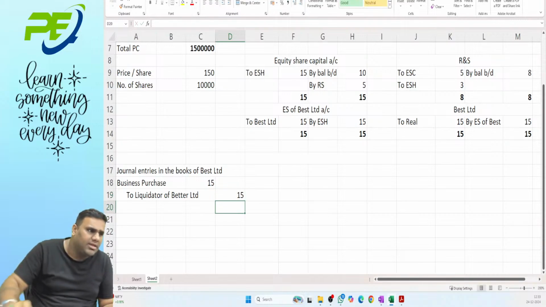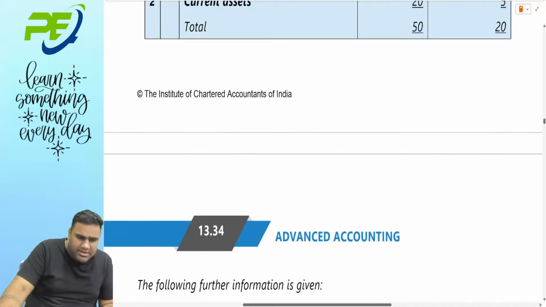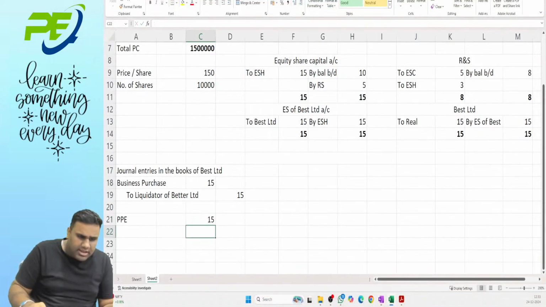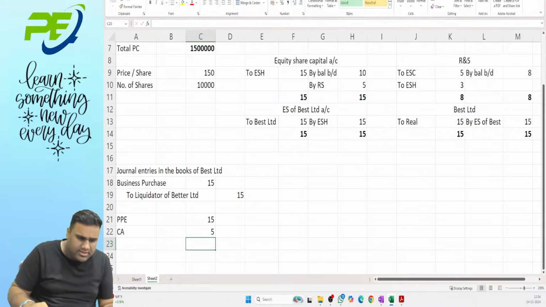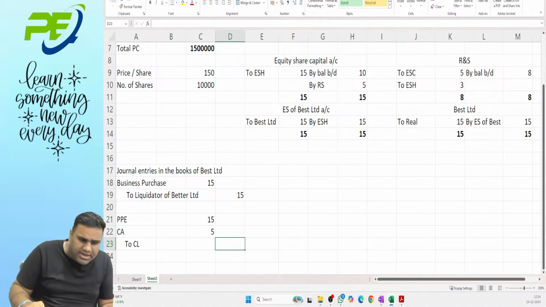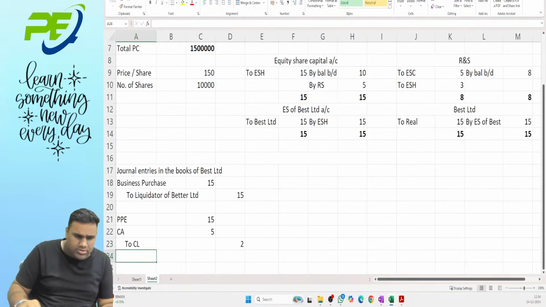Next, Harvey. Okay. So, PPE account debit 25, 15. Then current asset account debit 5. 2. To current liability 2.